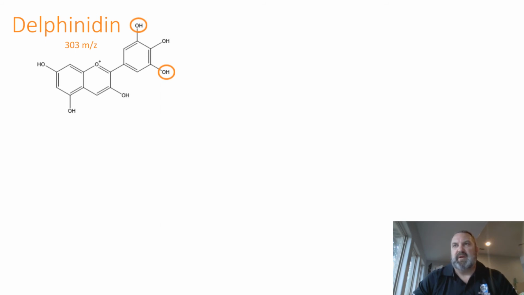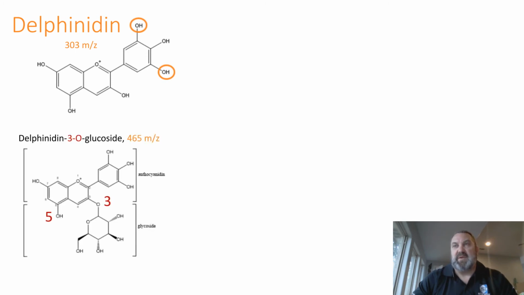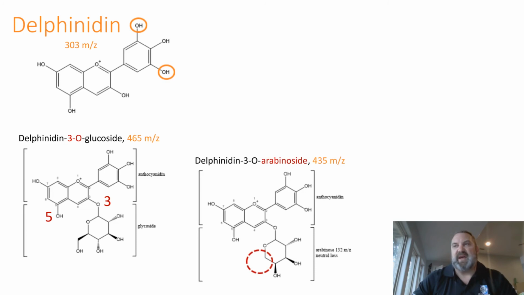And then if we append one glucoside at the 3 position, this gives us a mass to charge of 465. So that's our delphinidin 465. Or if we append an arabinoside, which is a little bit different than the glucoside, that gives us a different mass to charge of 435. So completely different species, just because it has this different side chain. And there's other ones.